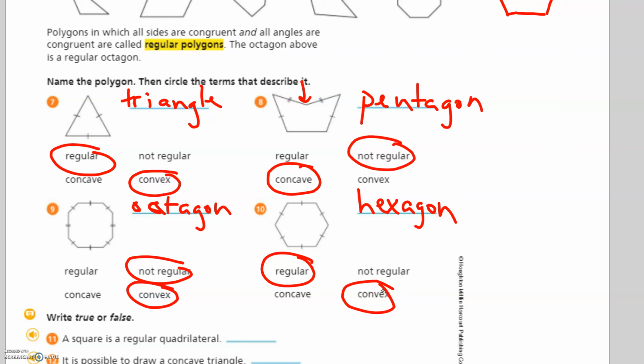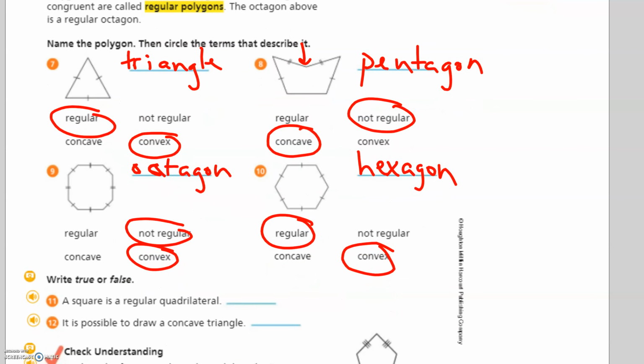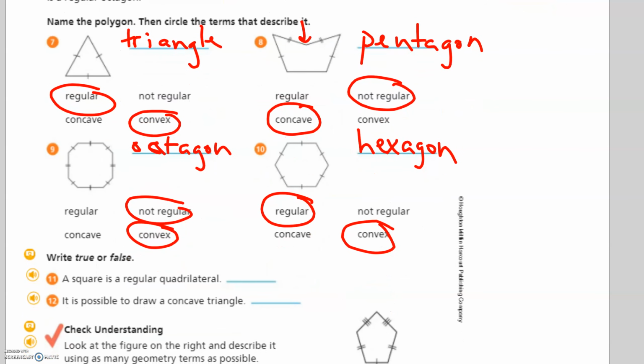All right, a couple more questions down here. A square is a regular quadrilateral. I'm just going to draw a square here. Well, regular means the sides are the same length. Are the sides the same length on a square? Yeah, they are. Okay. And it's a quadrilateral. And are the angles the same size?